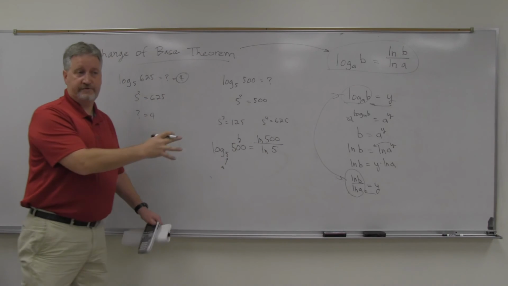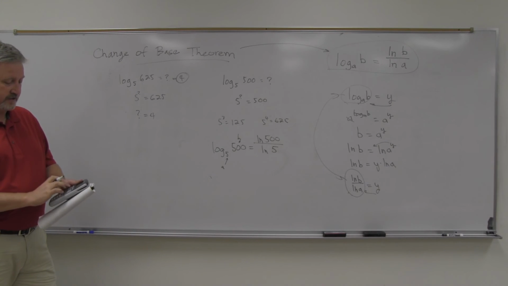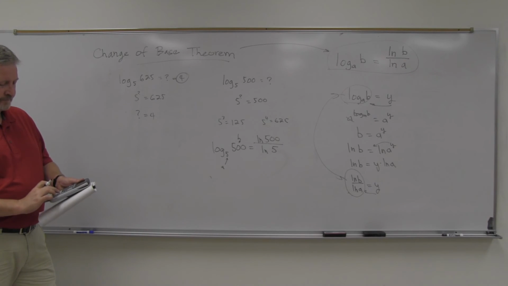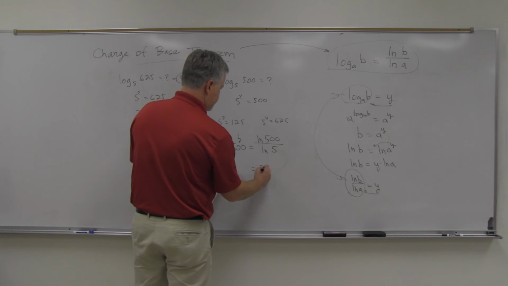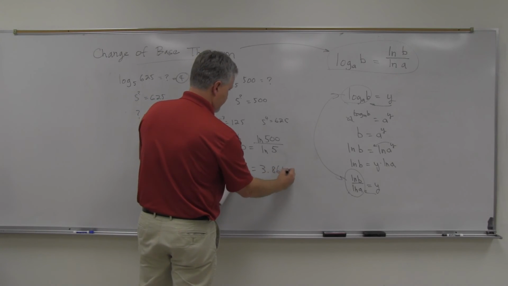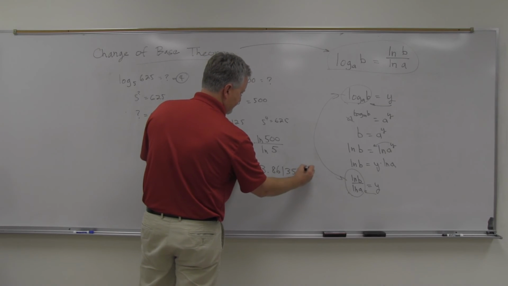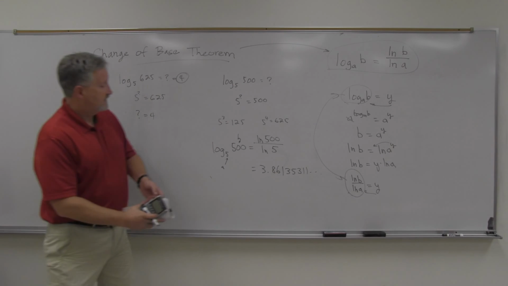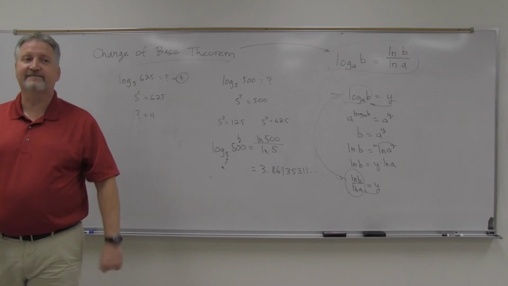Most scientific calculators are equipped to handle that. ln of 500 divided by ln of 5 is 3.86, and you can have as many places as you want. We said it's probably closer to 4 than to 3, and sure enough, it's about 3.86.